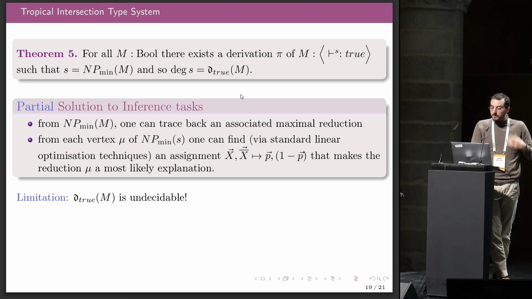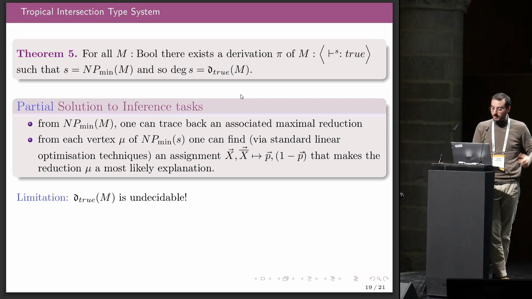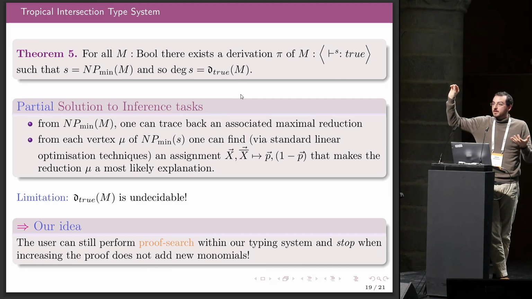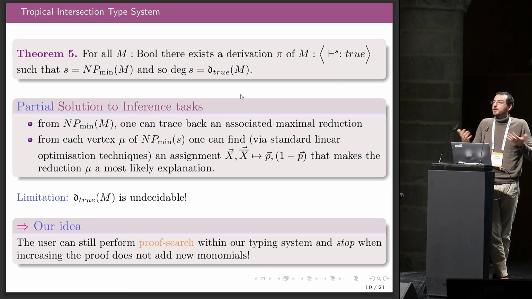Because still, the fact that we could design these tools, which are compositional, now perfectly in line with the research in programming language theory, allows us, at least in principle, to design a proof search strategy on these typing derivations, which of course will be complete in the sense that it finds the correct polynomial, but we cannot check when it happens. So from the outside of the system, the user has to decide when to stop.